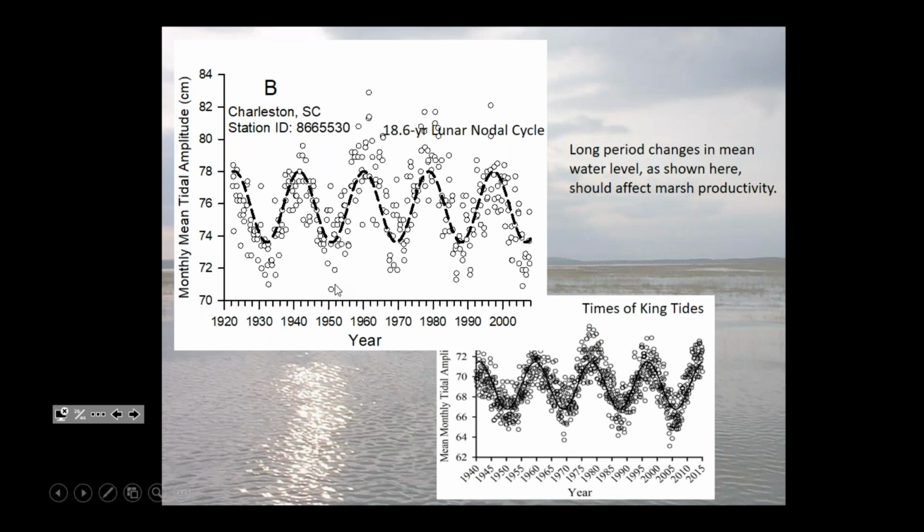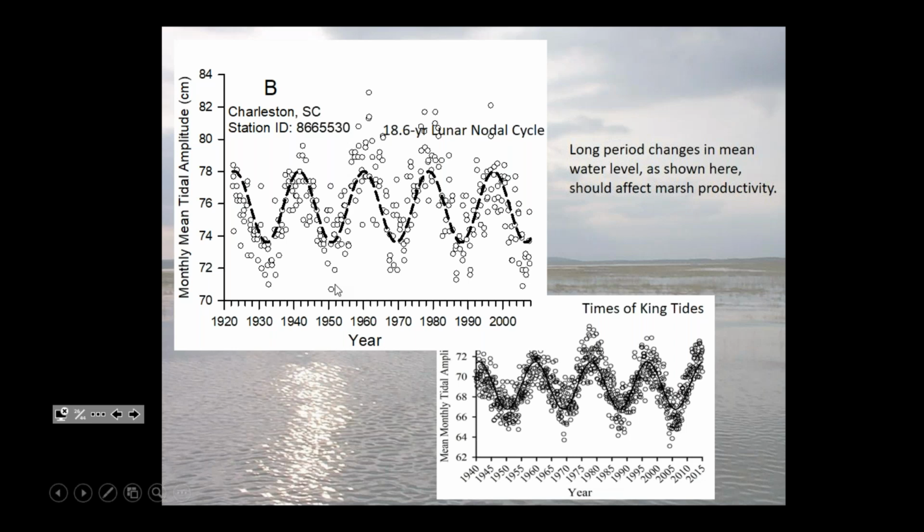Okay, now here it gets more interesting, I think. So I've made the case that the marsh is responding to these anomalies in sea level. These anomalies are seasonal or annual. There's also this fascinating cycle called the lunar nodal cycle.